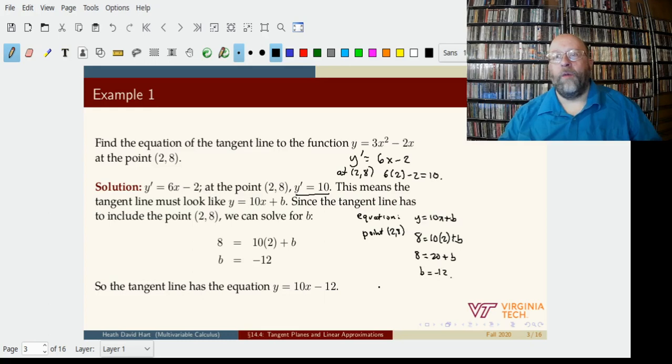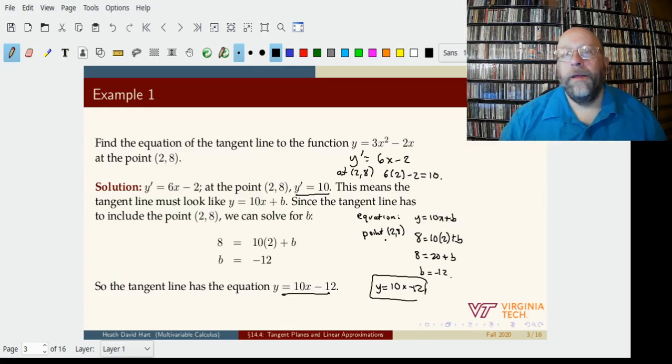And so we get y equals 10x minus 12 for the equation of the tangent line. Okay? So you've done this before. This isn't too bad. We take the derivative, we plug in the point into the derivative, we get the slope. Then once we have the slope, we plug in the point into the y equals mx plus b equation. We solve for the intercept b, and we get that.